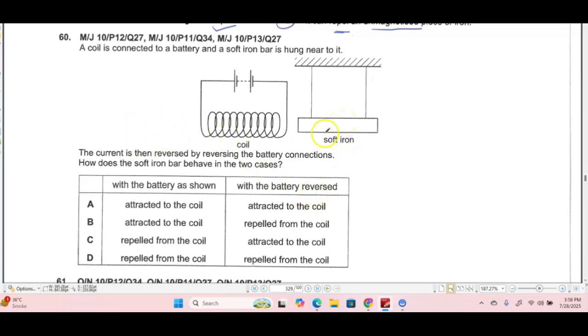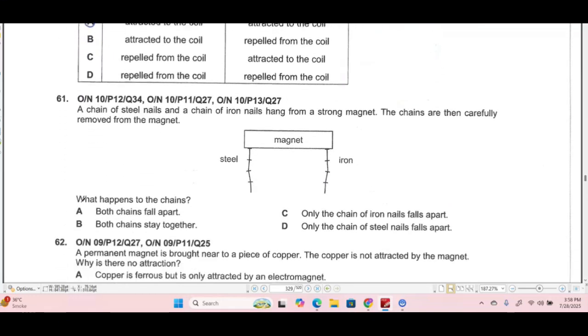So it is going to be attracted again because it's made up of soft iron. It's not a permanent magnet. It's a temporary magnet. So once this comes close to this, it is going to get magnetized. And if the connection is reversed as well and brought close to it, it is going to be attracted to the coil. The answer to 60 is A.